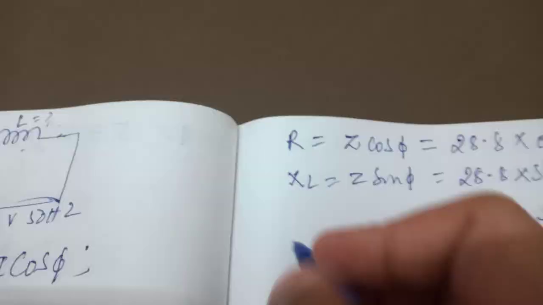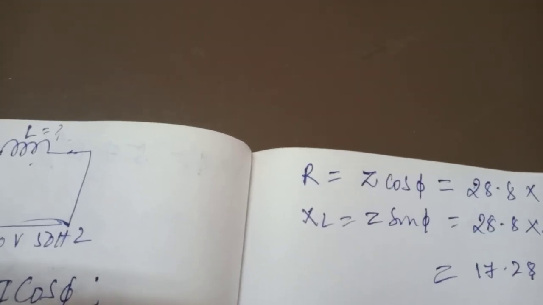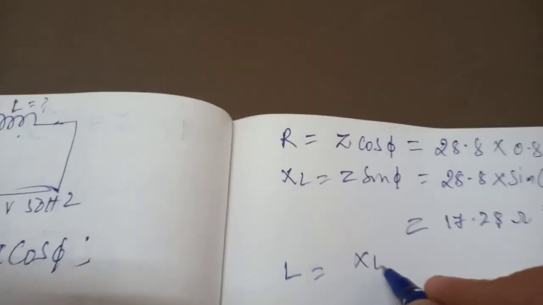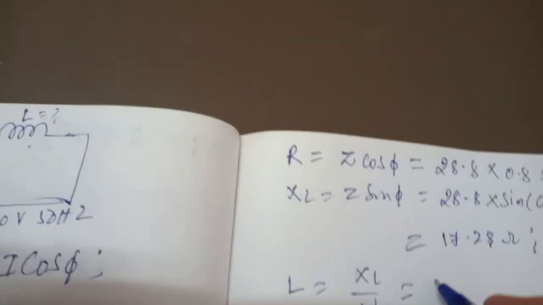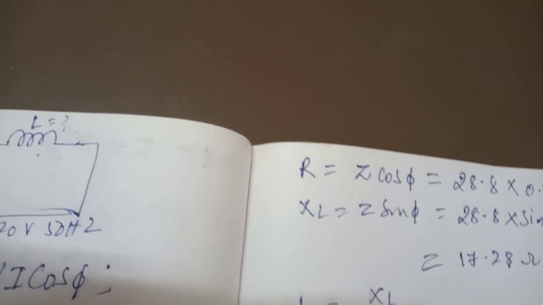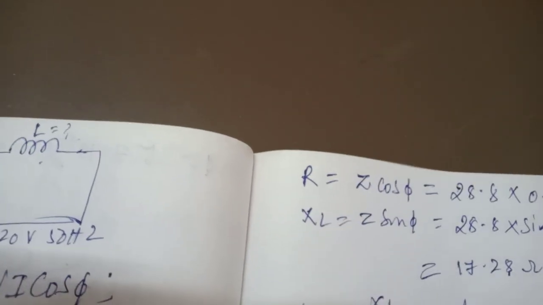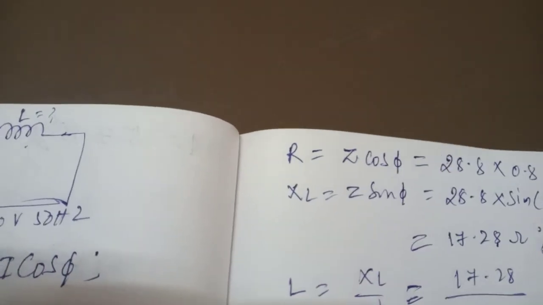Next you have to calculate L. XL is equal to omega L, so L is equal to XL by omega. What is XL? XL is 17.28 divided by 2 pi f, that is 314.